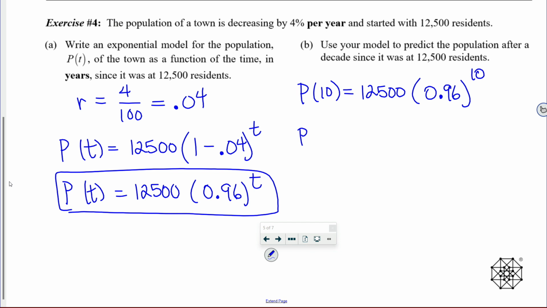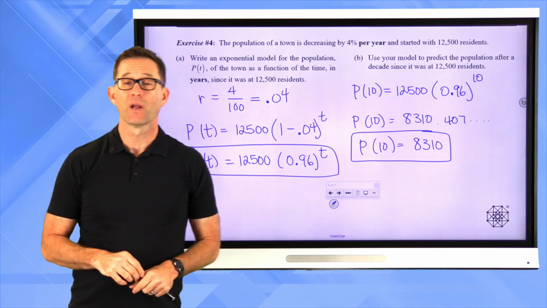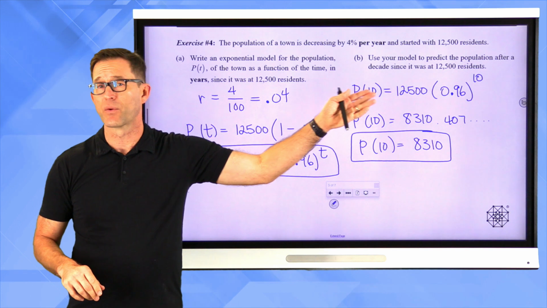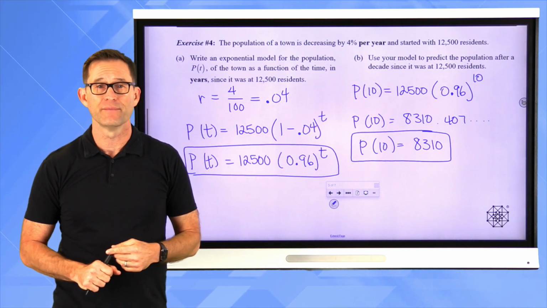And we can find, it's kind of messy again, as many of these things are, 8,310.407, etc. Now we're talking about the population of people, so we can't have a decimal there. So rounded to the nearest person, 8,310. All right, great. And again, this is just calculator work, just typing this expression in. So we're not going to break the calculator out for that.